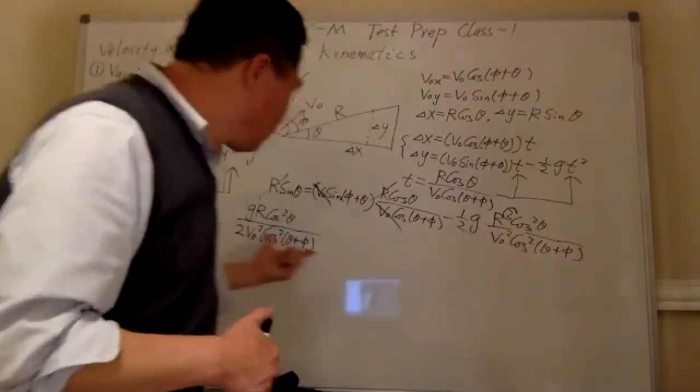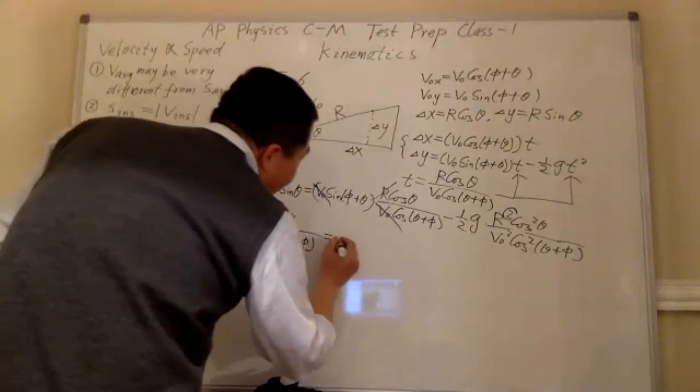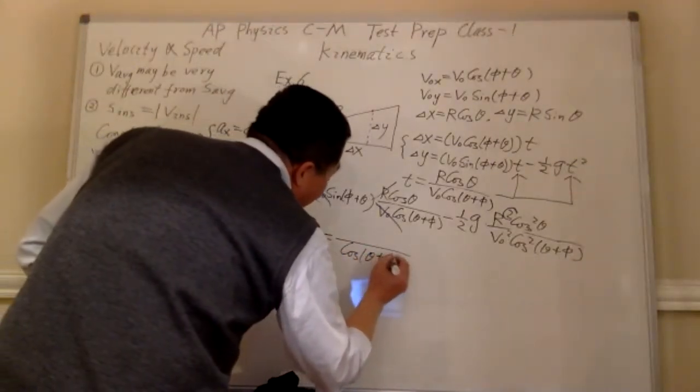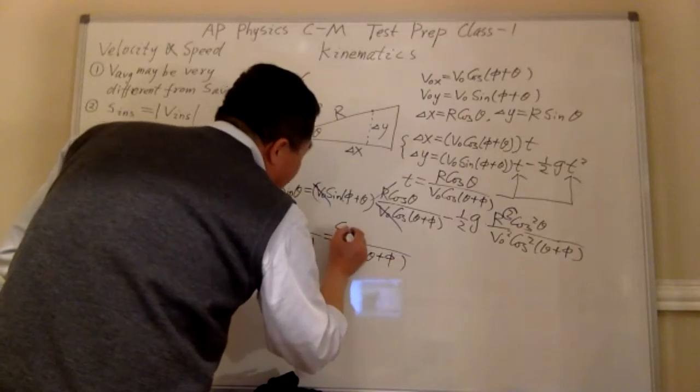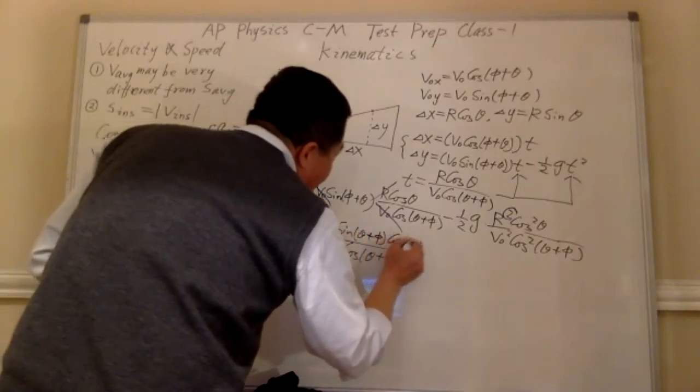I move all the items to there, then we set it equal to what? I set this cosine theta plus phi, then sine theta plus phi, then cosine theta.